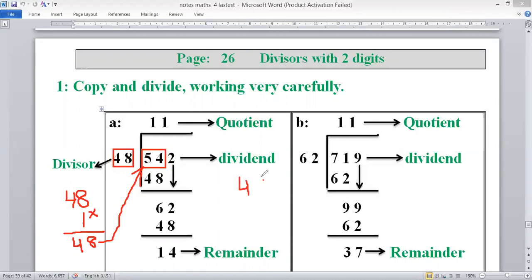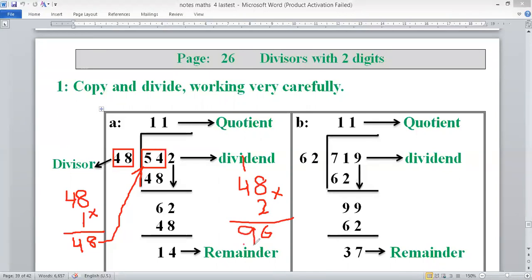When we multiply 48 by 2, 8 twos are 16, carry 1, 2 fours are 8 plus 1, 9.